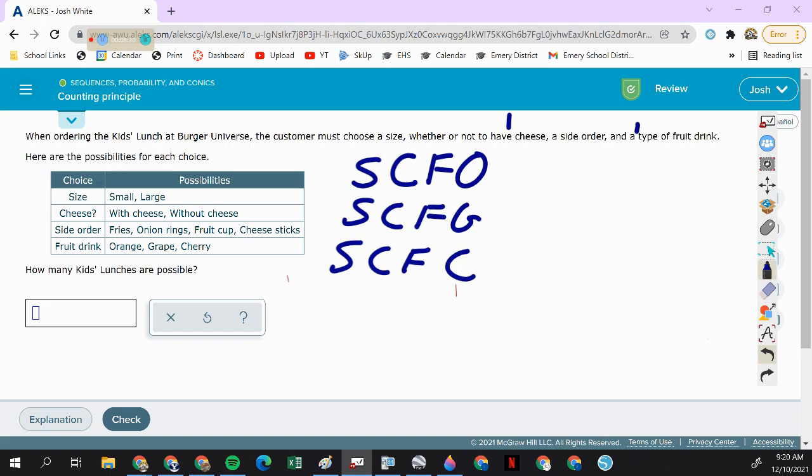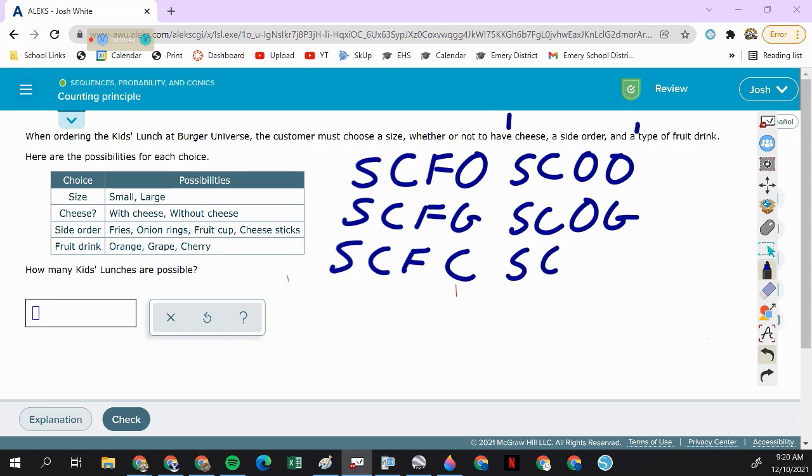And then we'd start a new column. Small cheese with onion rings and an orange drink, small cheese, onion rings, and a grape drink, small cheese, onion rings, and a cherry drink. Yeah, I don't want to count all those, right?